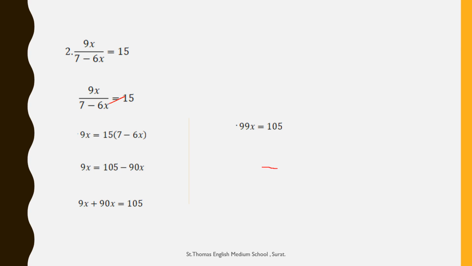So that is 33, 3 33s are 99. And here, that is 35. So what is the value of x? x is equal to 35 divided by 33. It's clear?